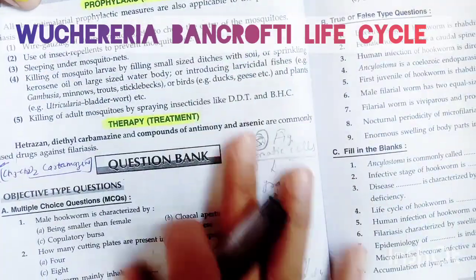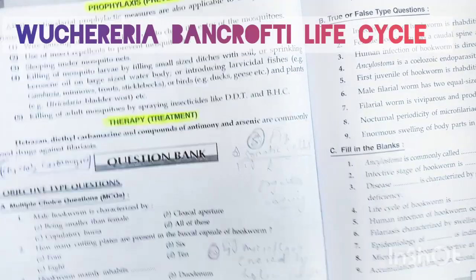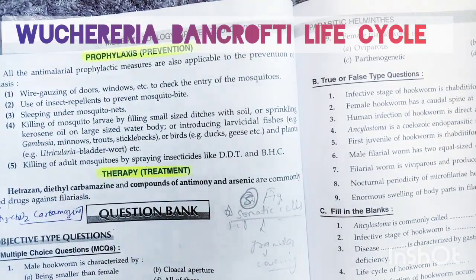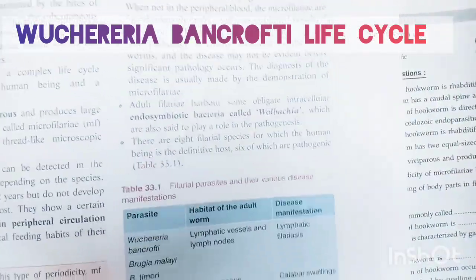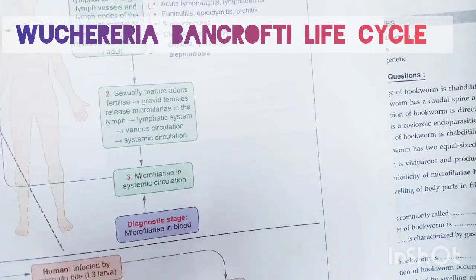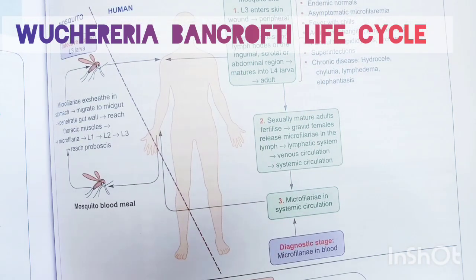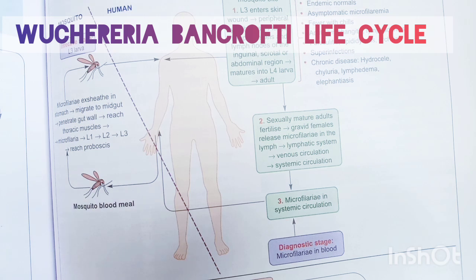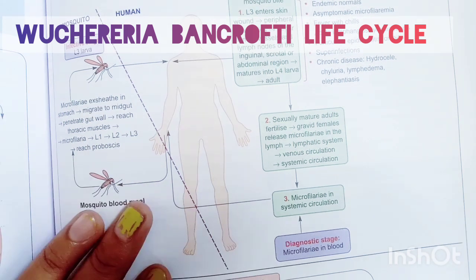Okay, next we have the prevention. Before prevention, I will just show the diagrams of elephantiasis. This is the life cycle. You can draw any one from medical parasitology or applied zoology.